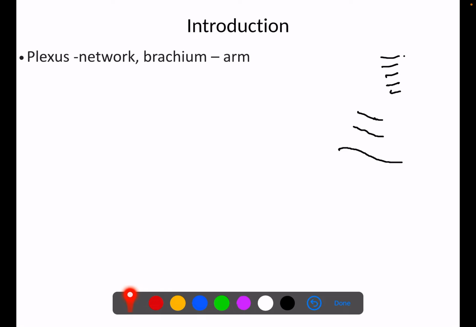Okay, so this posterior triangle of neck has scalenus anterior muscle and scalenus posterior muscle. These brachial plexus arise from the cervical vertebrae by roots.